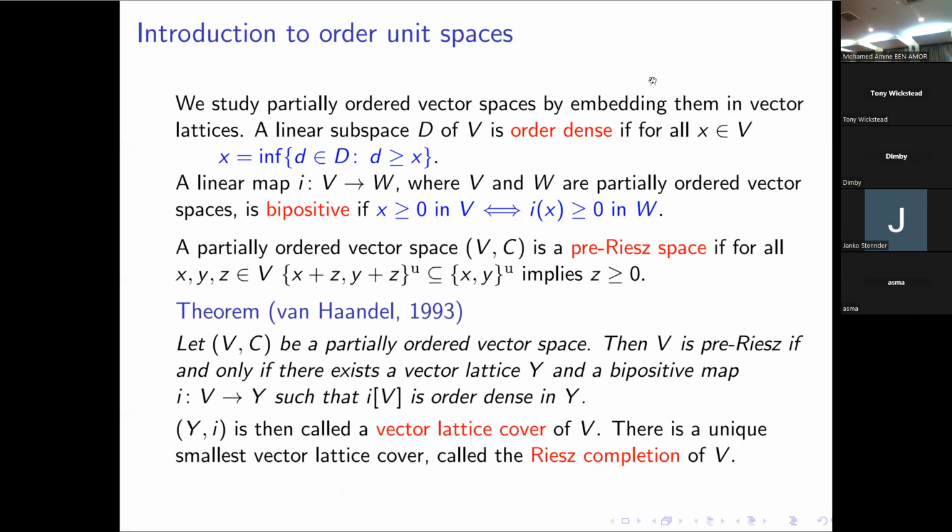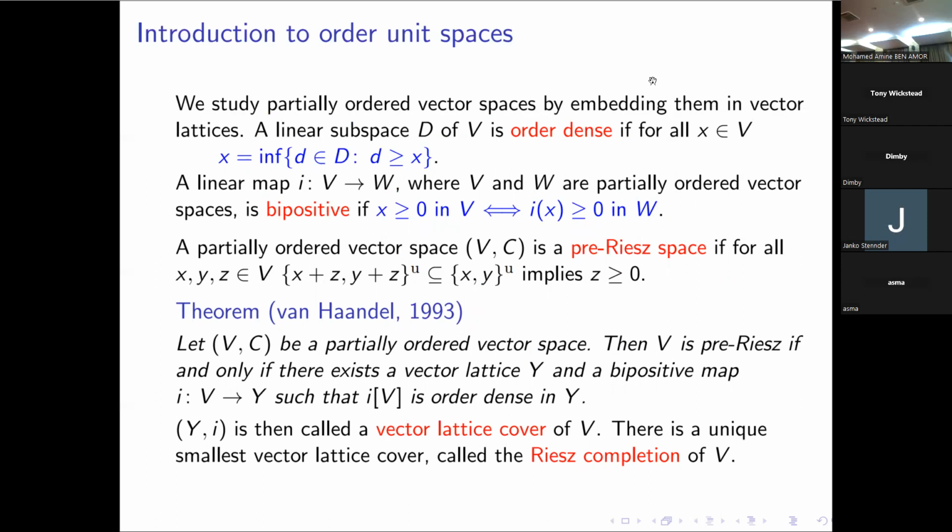The way that Anke and I like to study partially ordered vector spaces is by embedding them in a vector lattice and then using lattice theory. And of course, if you embed them in a different lattice, you want to have the same structures on your original space. That should not depend on the bigger vector lattice that you choose. The way to get that is that the embedding should be order dense.